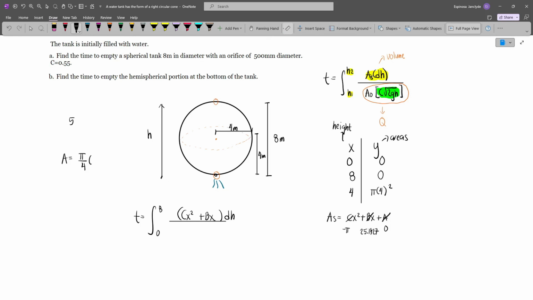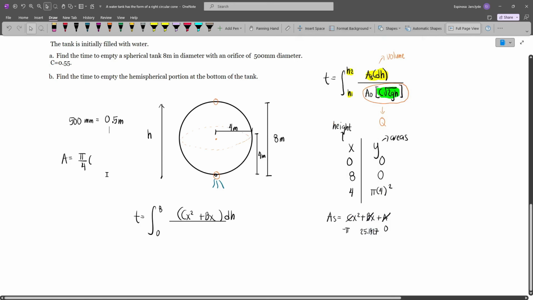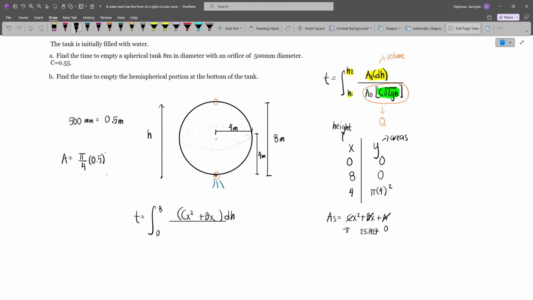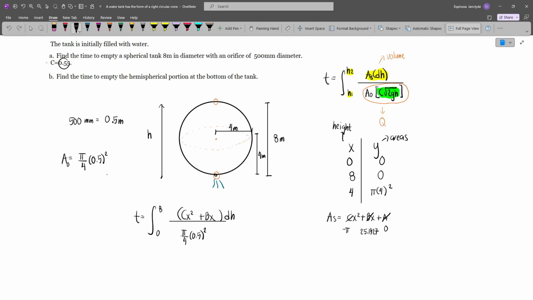Now, diba, 500 mm is just equal to 0.5 meters. Now, again, 500 divided by 1000, that will give us 0.5. And so this is 0.5 meters and then squared. Ito yung AO natin.